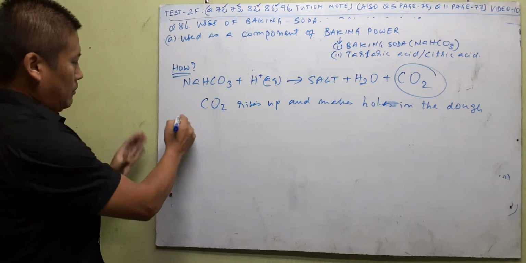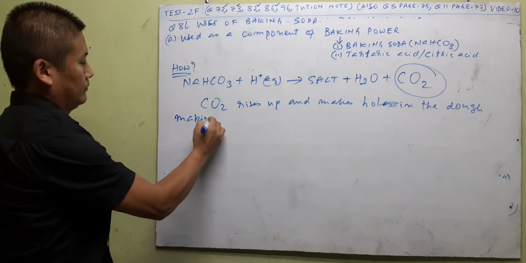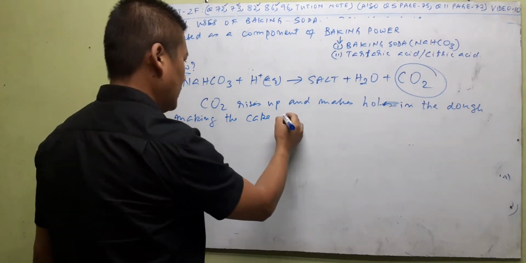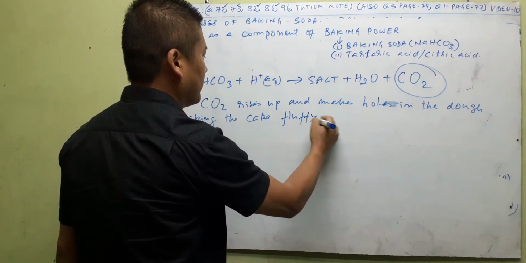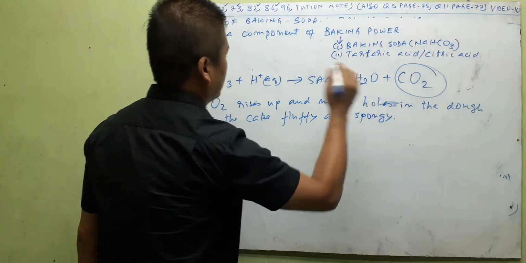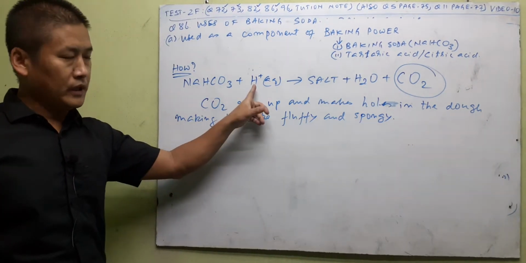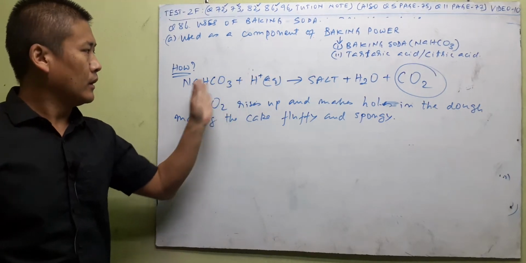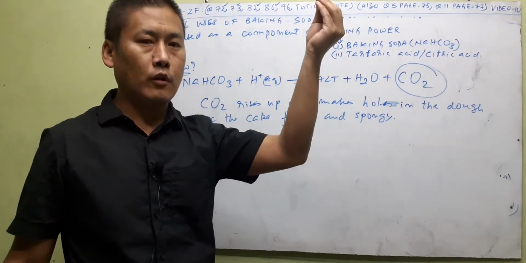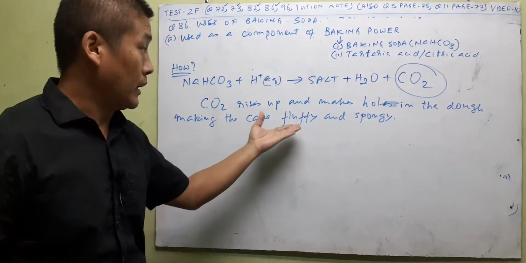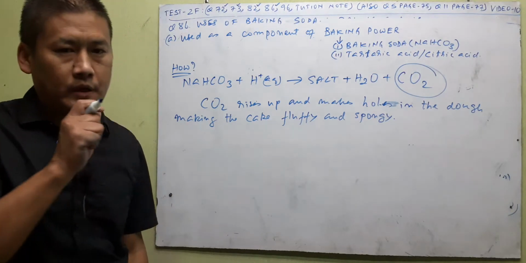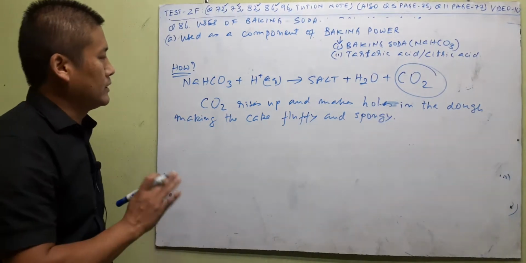So it makes the cake or bread fluffy and spongy. So that is the first use of baking soda, because when it reacts with the acid, tartaric acid, it releases carbon dioxide, which rises up, making small holes in the bread or the cake, making it fluffy or spongy. Otherwise the cake you bake will be very hard to eat, right? So that is the first function.